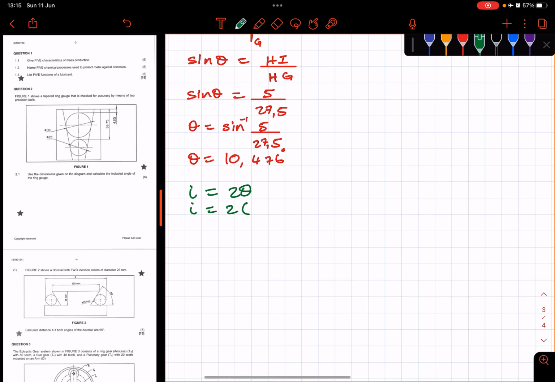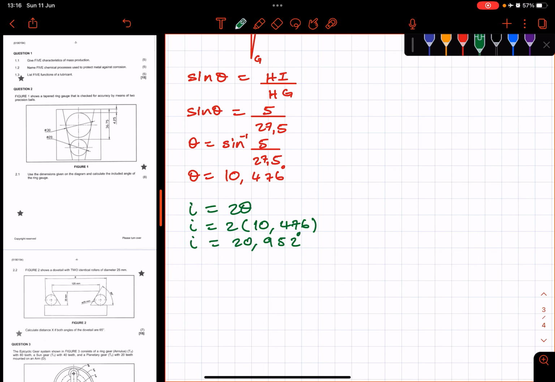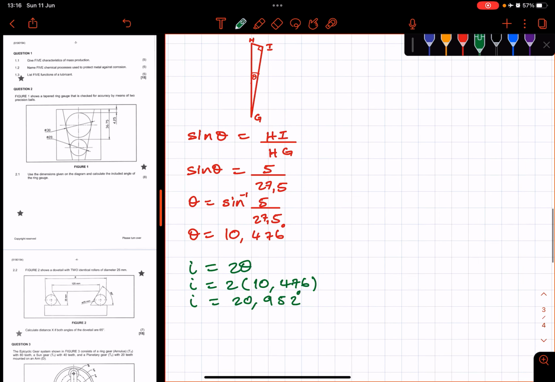So 2 times 10,476, if you punch that in your calculators, you're going to get 20,952 degrees. So there we go. They wanted us to calculate the included angle, and there you go.